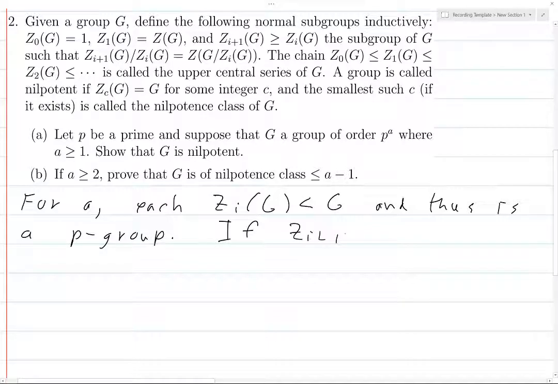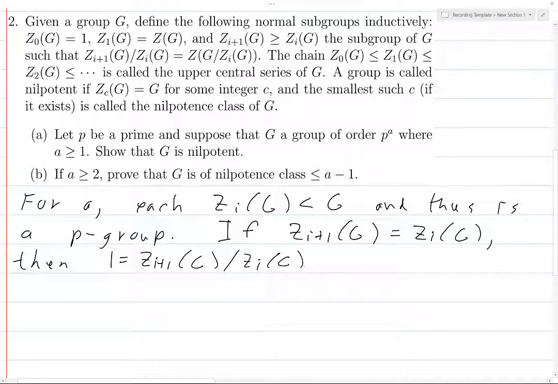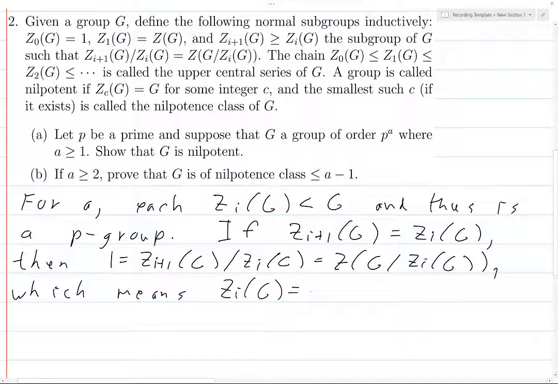If Z_{i+1} G happens to be equal to Z_i G, then 1 equals Z_{i+1} G mod Z_i G, which by definition is equal to the center of G mod Z_i G. Which means that Z_i G equals G, because G mod Z_i G is going to be a p-group as well.